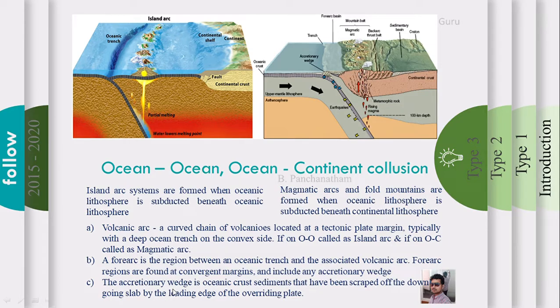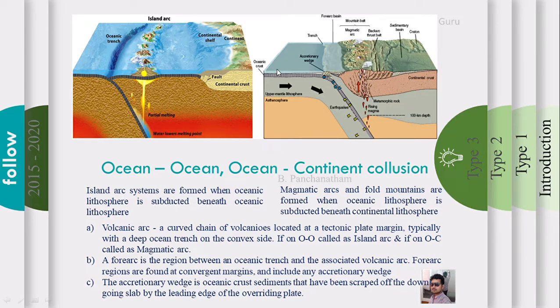The accretionary wedge is oceanic crust sediment that has been separated off the downgoing slab by the leading edge of the overriding plate. So if these two plates are colliding, there will be sediments over this plate, right? When the crust is moving down, the sediments will not move along with the crust because there is a high pressure zone. So what happens?